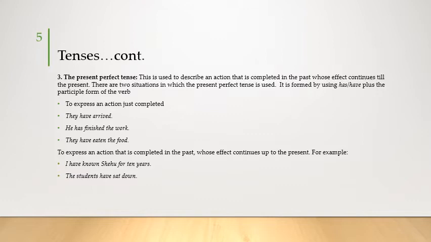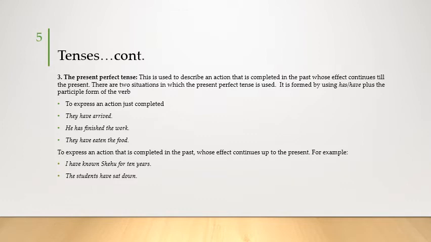Now, present perfect tense could be used to express an action that has just been completed. They have arrived. He has finished the work. They have eaten the food. They have arrived. Have is used as auxiliary with the participle form of the word arrive.